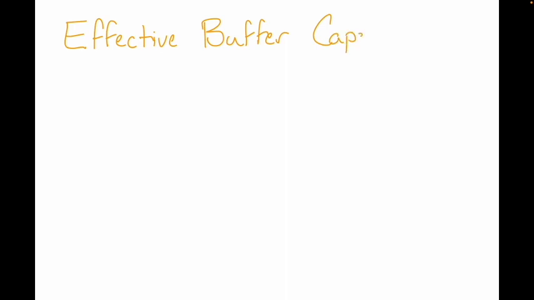All right, so the last thing that we want to cover about buffers here is that buffers are not exactly perfect at every single ratio. They only work within this limited range, what we call the effective buffer capacity.